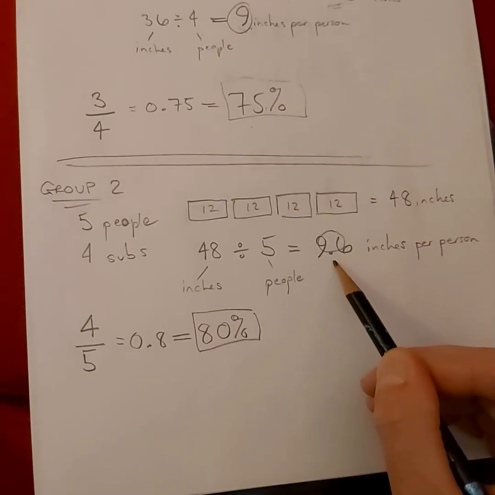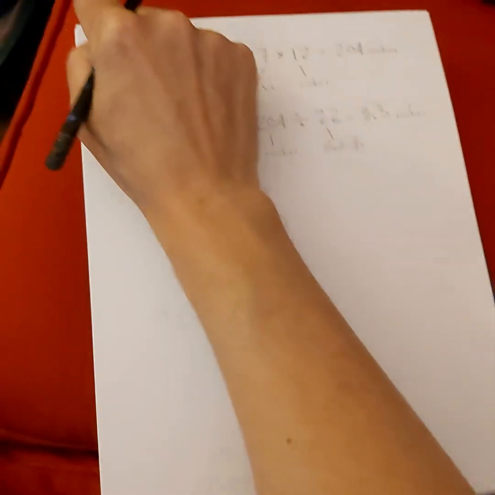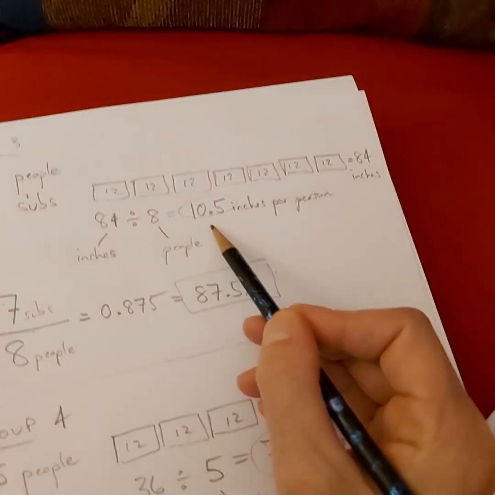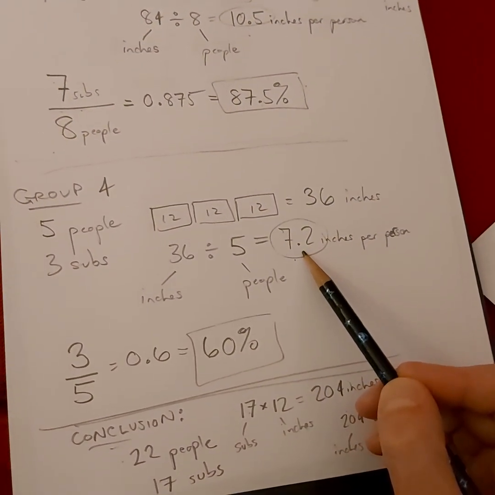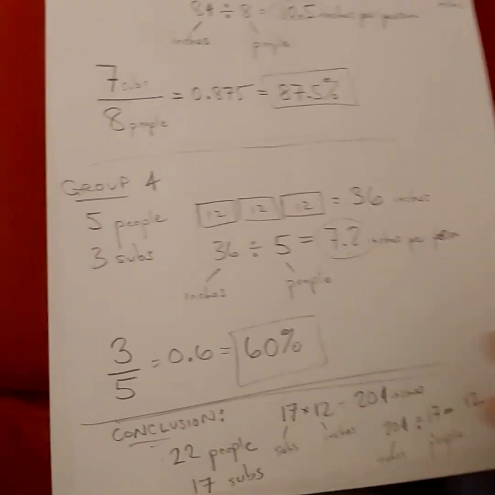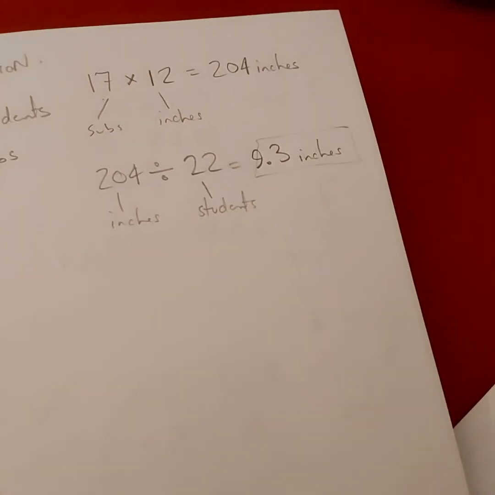Group 2 got slightly above. Okay, not the end of the world, but somebody could complain about that. Group 3 got well above, and group 4 is well below. Okay, so that we know for sure this was not distributed equally.